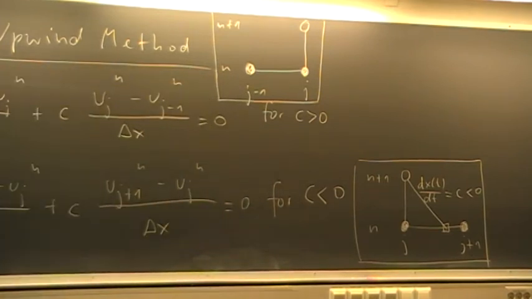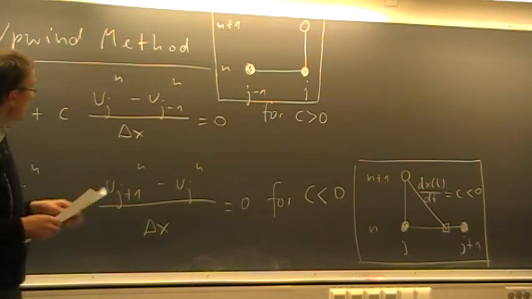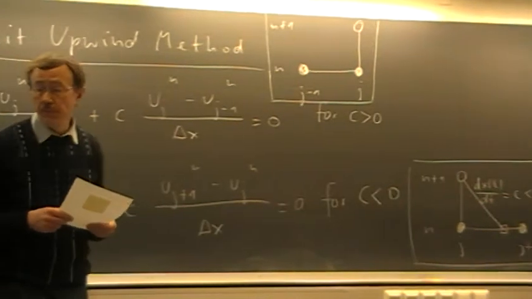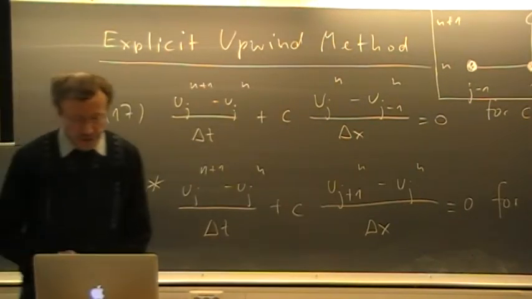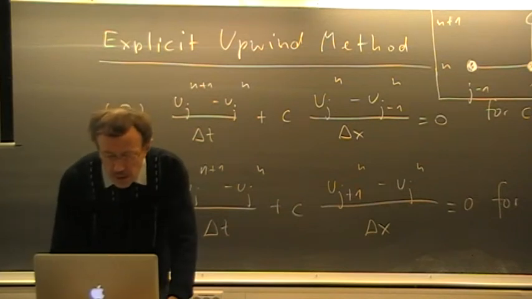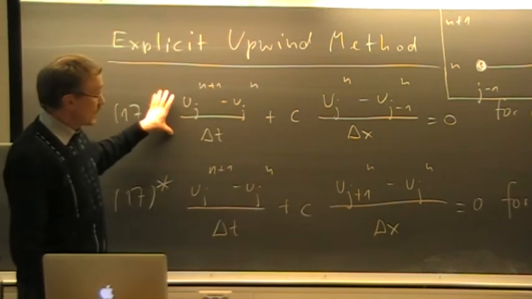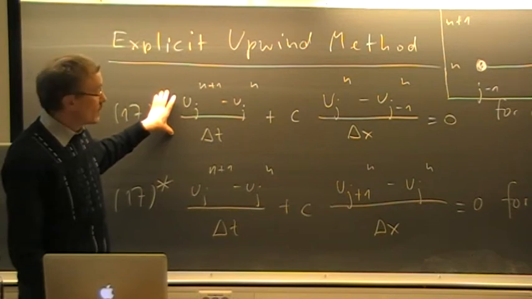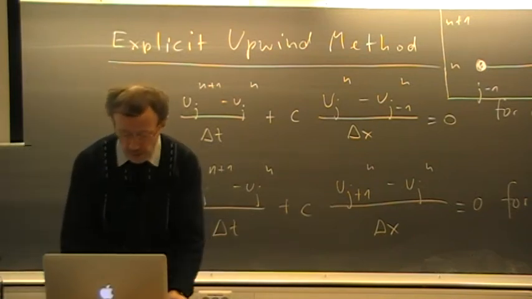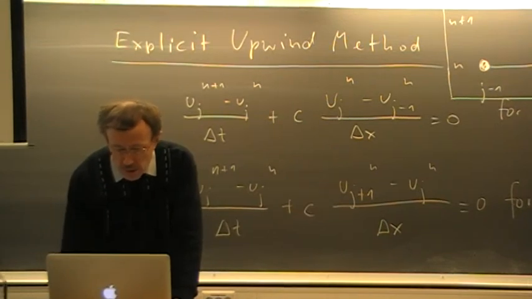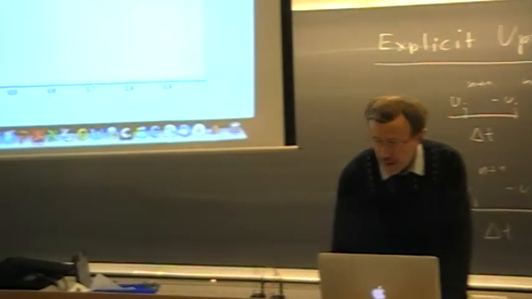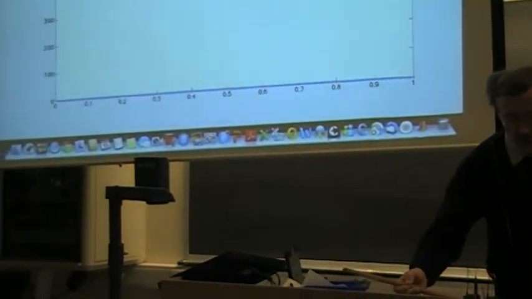Now we want to continue with the analysis of this method. First we can have a look at an example, for the case when c is greater than 0. Then we have the Upwind method, and we want to see what is happening. First I explain the initial condition.